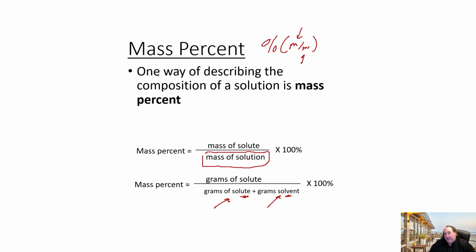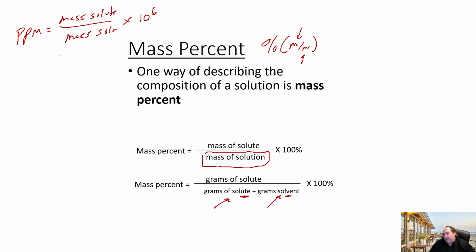A variation on this formula is what is sometimes referred to as ppm, or parts per million, and that is the mass of the solute divided by the mass of the solution times a million, or 10 to the 6. That's 1 times 10 to the 6, which is a million.